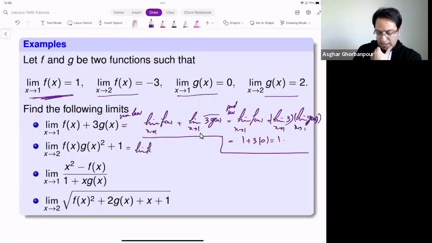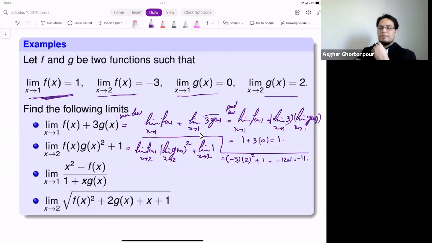The limit of f, limit of g, then squared, plus the limit of 1 as x approaches 2. Here the limit of f as x approaches 2 is -3, and the limit of g gives me 2, squared plus 1, that is -12 plus 1, which is -11.